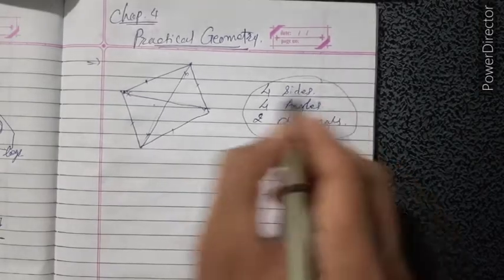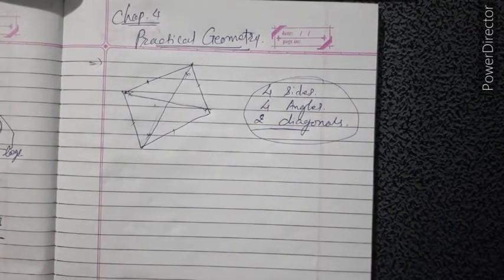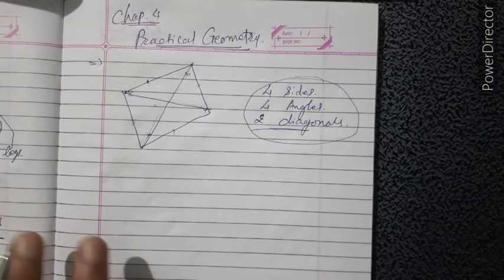That means we are having 10 measurements. Out of them, if some measurements are given, how do we construct a quadrilateral? First today we discuss about that.